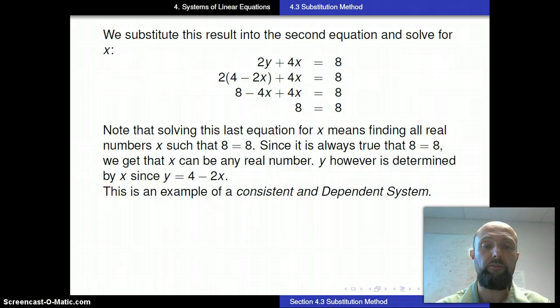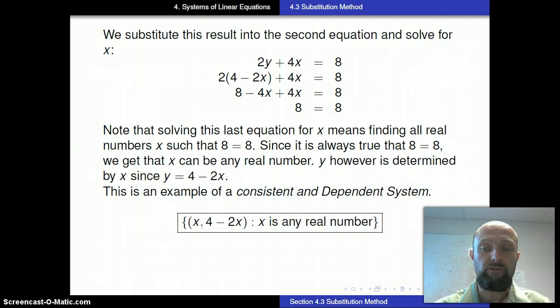This is an example of a consistent and dependent system. Writing down the solutions, since there are infinitely many, is a little more tricky. We get that the solution is the set of all couples of the form x, 4 minus 2x, where x can be any real number.